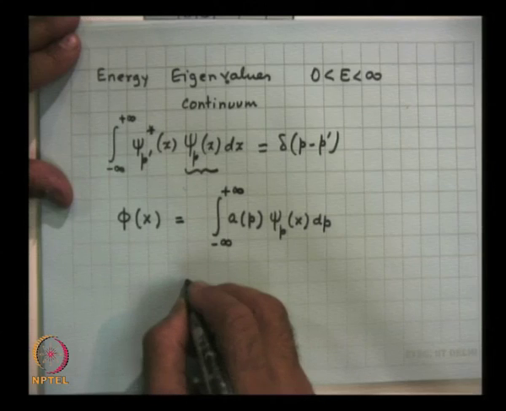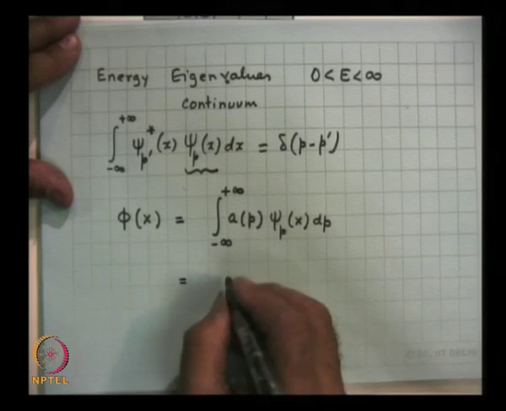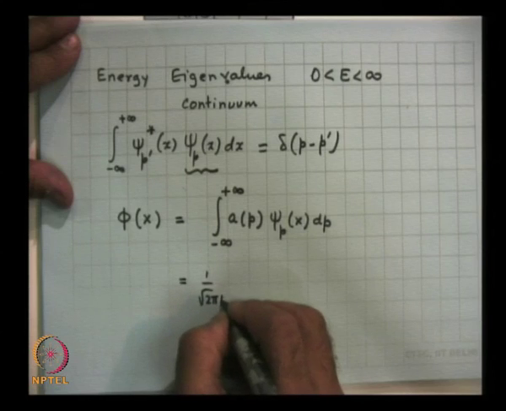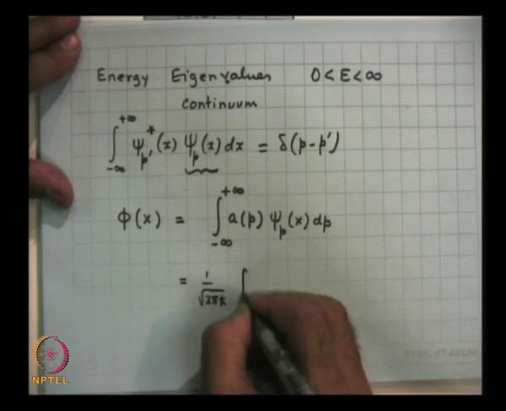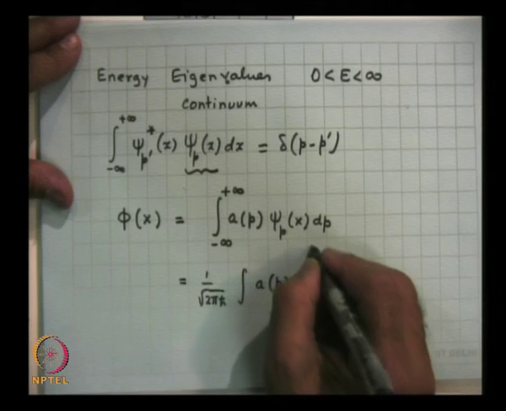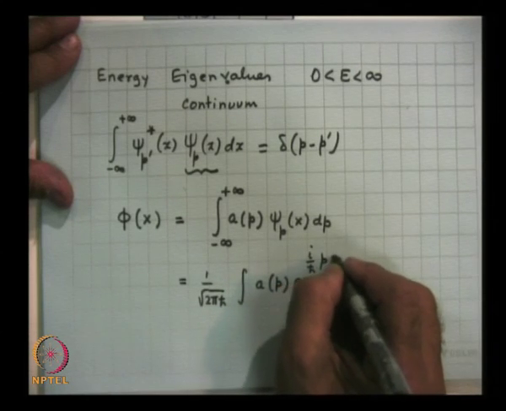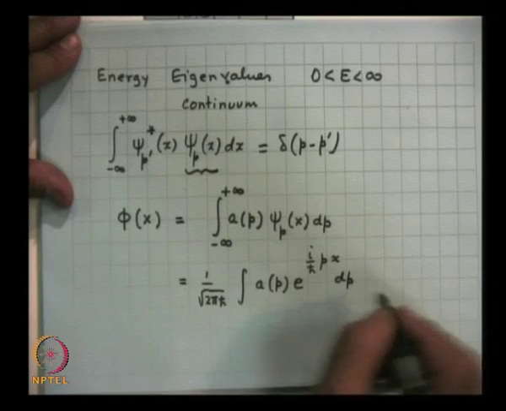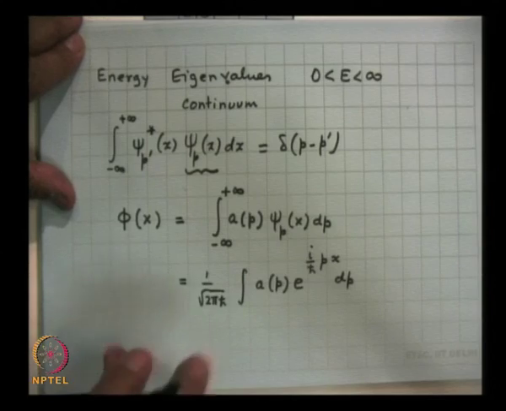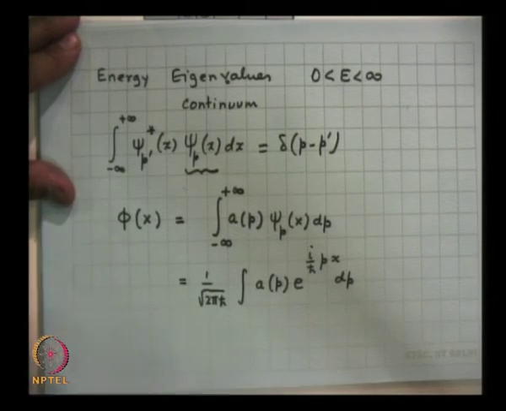So, what is psi p of x? Psi p of x is 1 over root 2 pi h cross integral a of p e to the power of i by h cross p x dp. So, this is the Fourier transform. So, it is a superposition of the momentum wave functions.